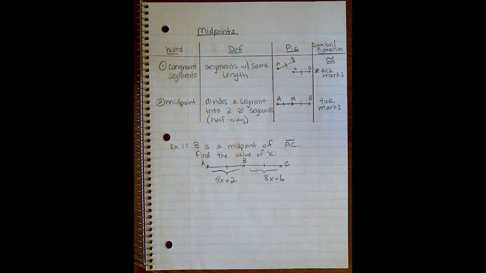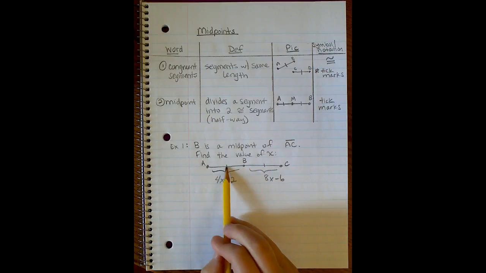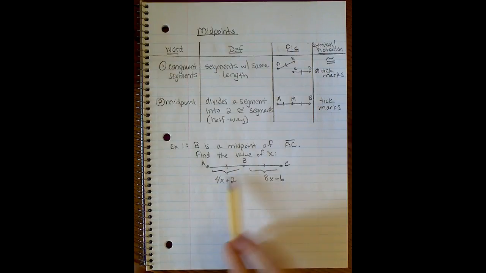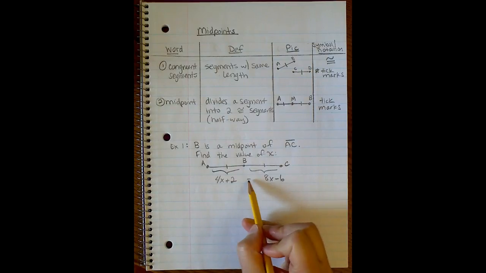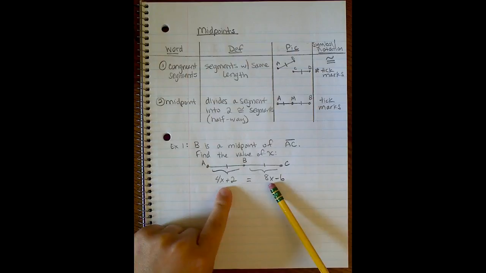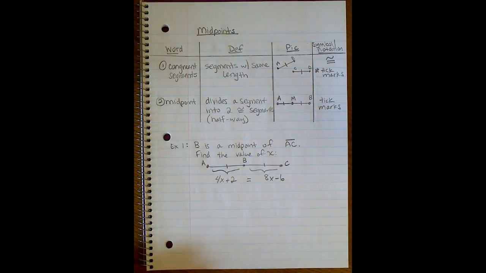Well, what do we know about these two smaller segments? Since B is a midpoint, we labeled these as congruent segments by using our tick marks, which means they must have the same length, which means that these expressions must be equal. So you're going to set up an equation by making the two congruent segments equivalent, and then we can solve for x.